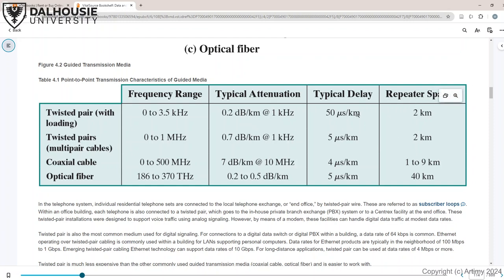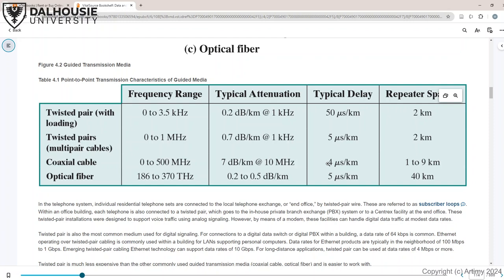We don't really care about the repeater. We just care about this column, which is the typical delay. Here, the typical delay for coaxial cable, for example, is 4 microseconds per kilometer. So the signal takes 4 microseconds to cross 1 kilometer.